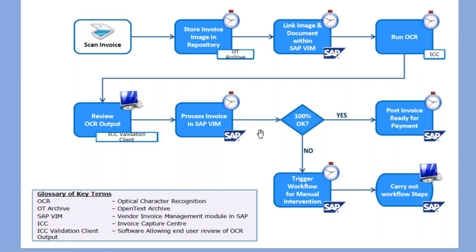Then we can do that setup here, where it can be routed to the approvers, and once everything is okay, then the posting happens. And for PO we have only one step of approval as per standard OpenText VIM. That also, according to the business requirement, if needed, we will configure the approval setup for PO invoices.